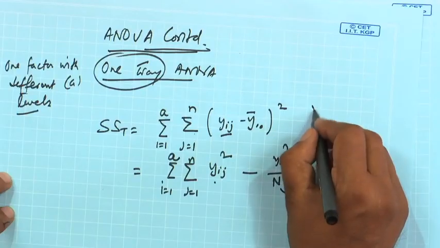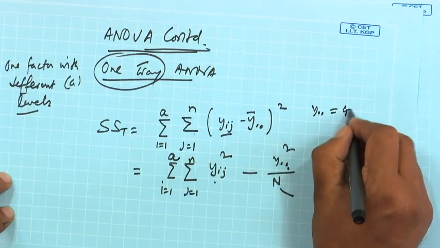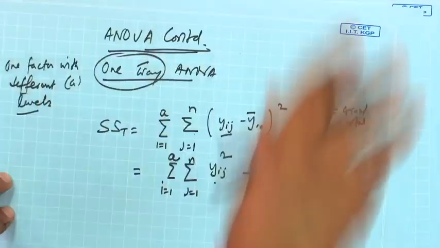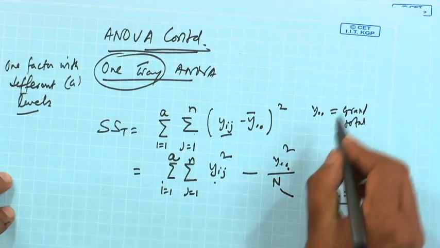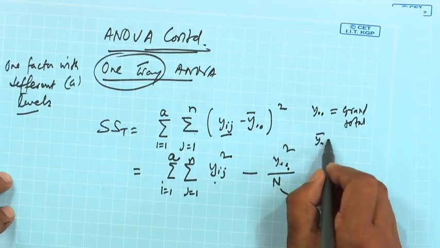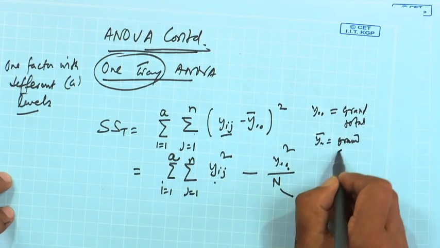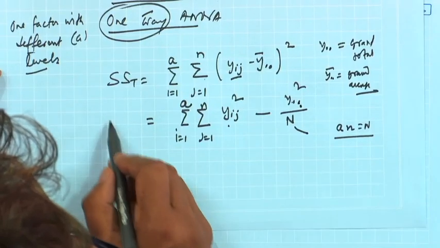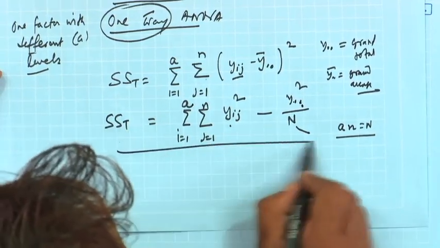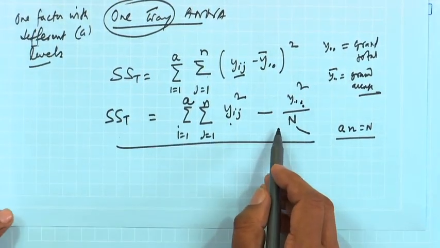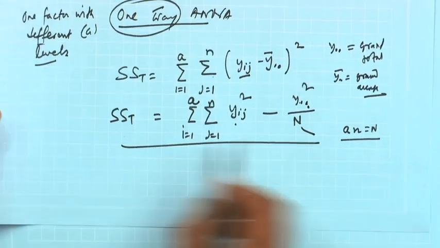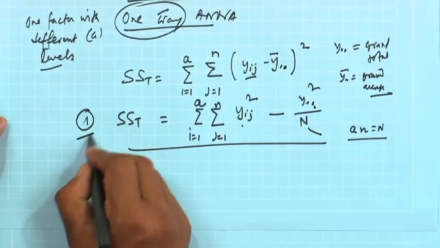And y dot dot divided by N is the grand average that I have discussed in the last class. This second form makes your computation easier. So, this formula we will use for SST.